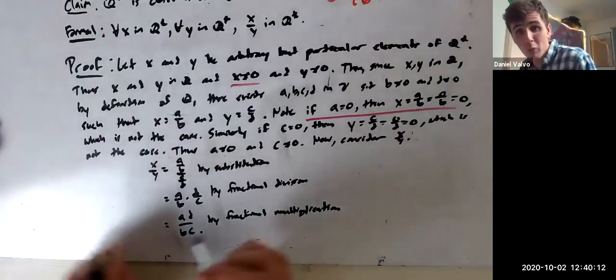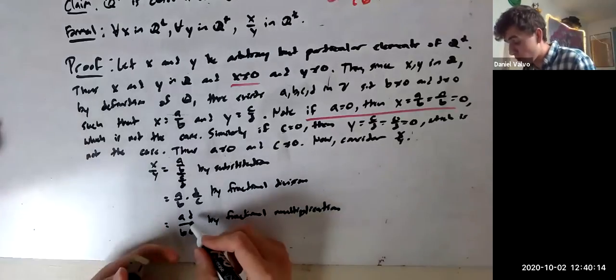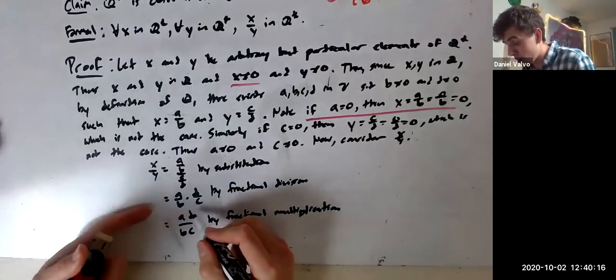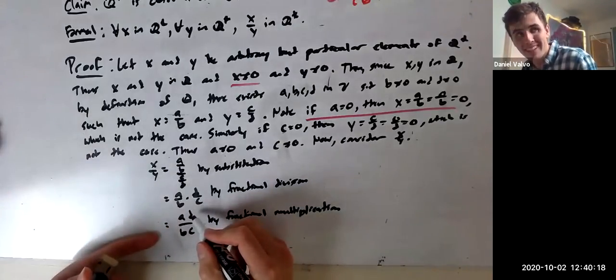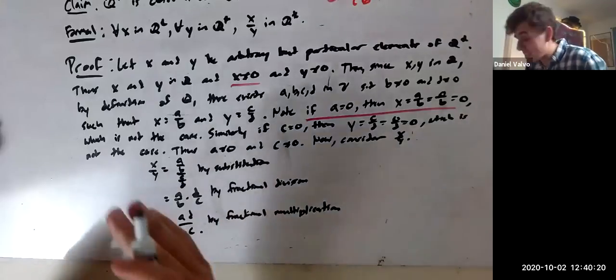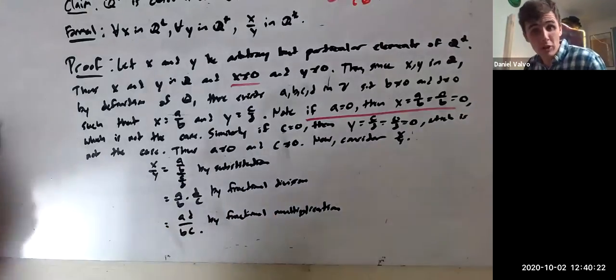To be a rational number, you're a ratio of integers. If we do a ratio here, AD in the numerator, BC in the denominator, all we need to show is that AD and BC are integers themselves.